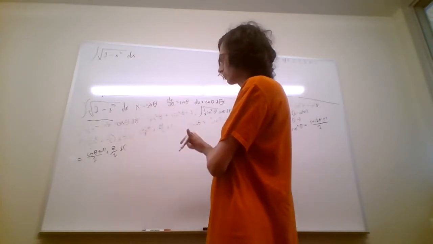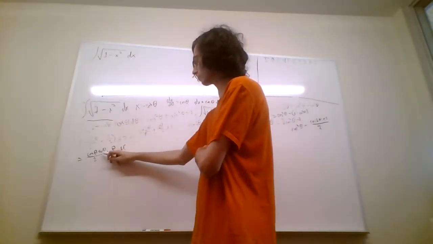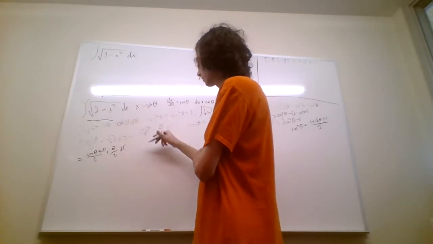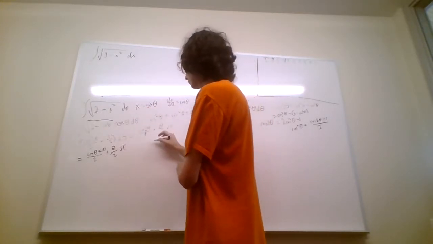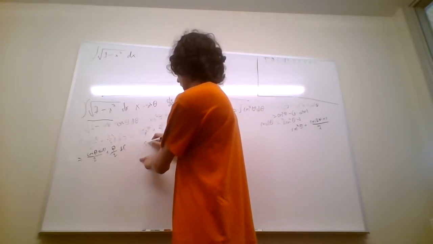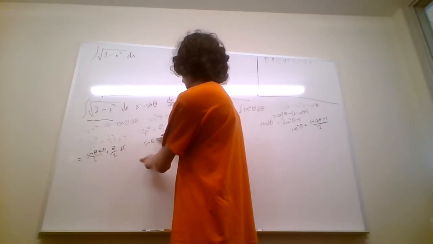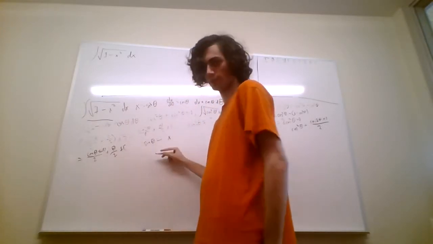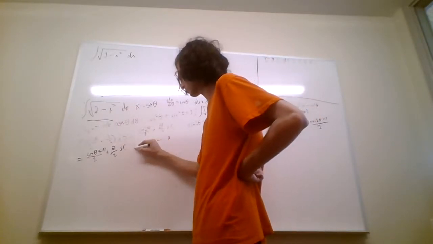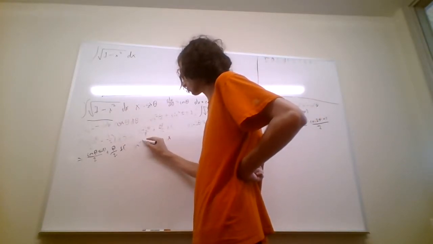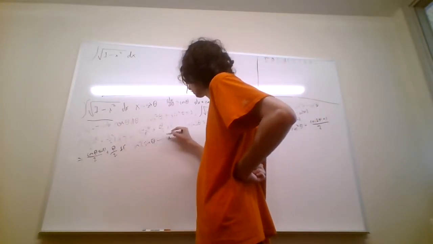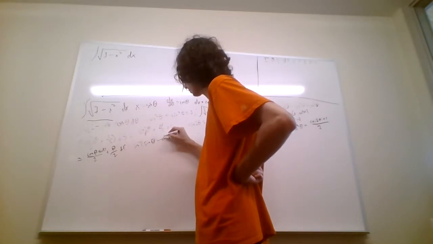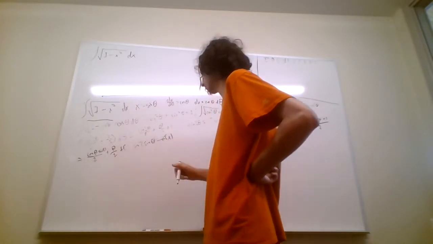Now we want to get this integral back to being with respect to x, because that's what we started with. There's a sine theta right here, so we can put x in there. If we know that sine of theta is equal to x, we can take inverse sine of both sides. So sine inverse of sine theta is equal to sine inverse of x.